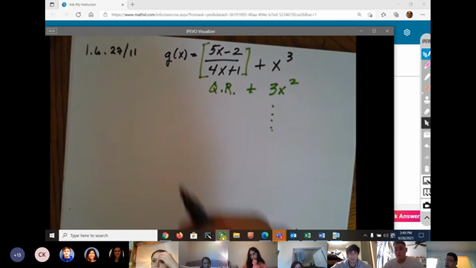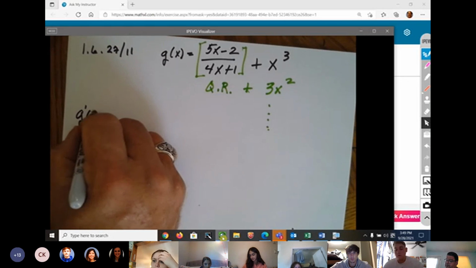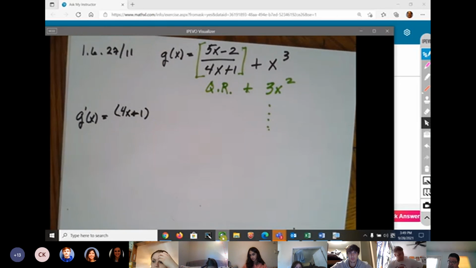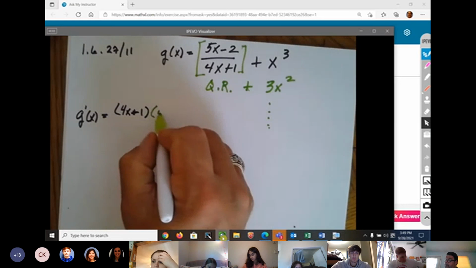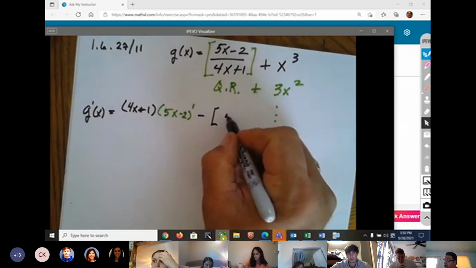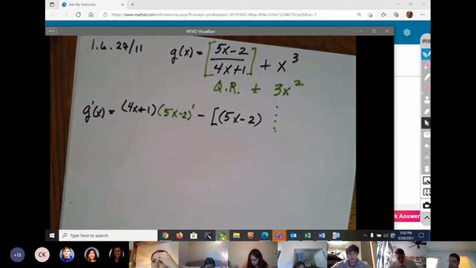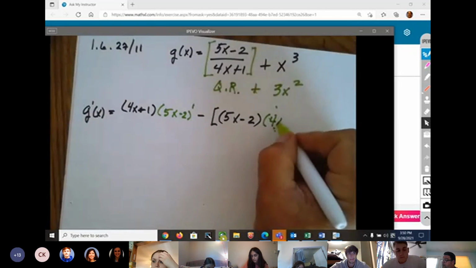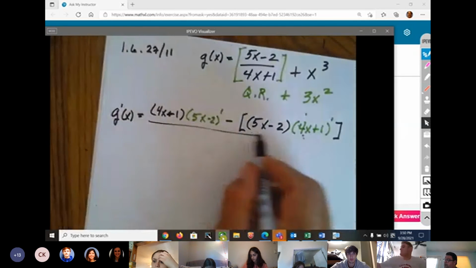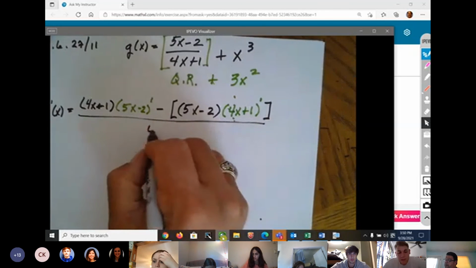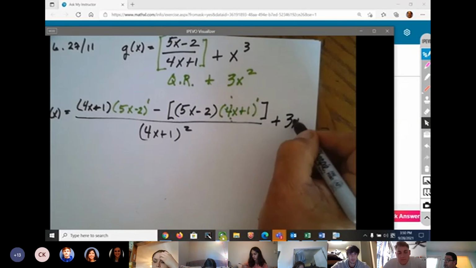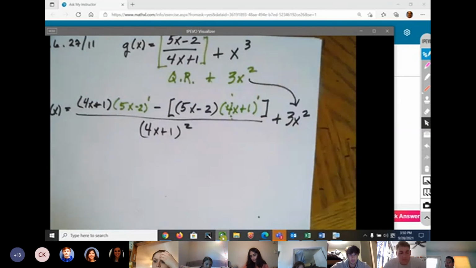So g prime of x is equal to the denominator times the numerator prime, minus the numerator times the denominator prime, all divided by the denominator squared, plus 3x squared, which is right there.